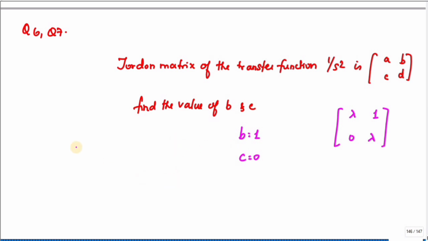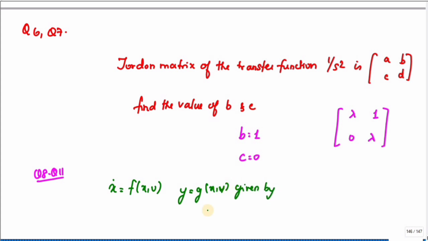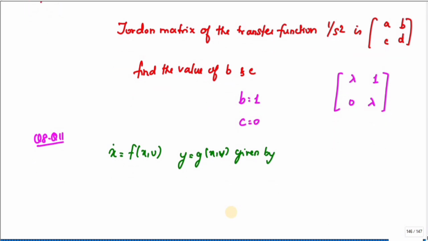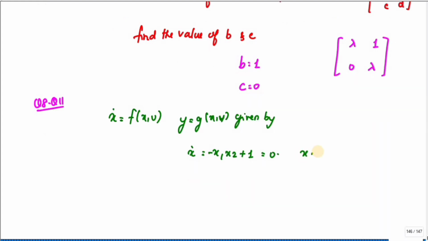So the next problem. They are given x dot is equal to f of x comma u, y is equal to g of x comma u, which is given by x1 dot is equal to minus x1 x2 plus 1, and x2 dot is given as x3 x1 minus x2.